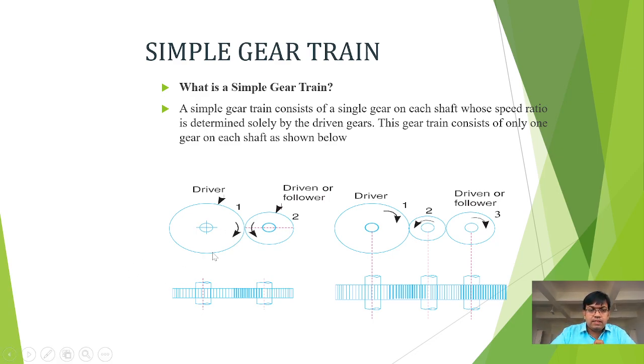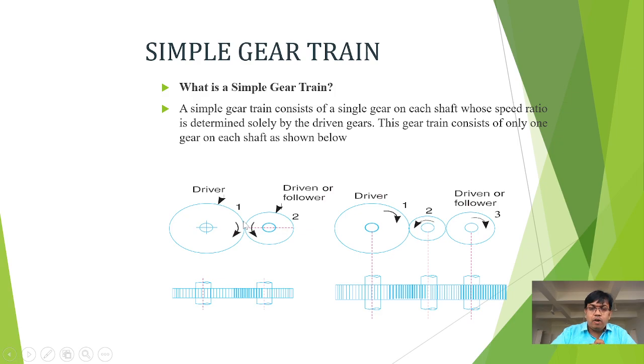Now you see in the first diagram, two gears, gear 1 and gear 2. The first one is a driver gear and the second one is a driven gear. They are meshed with each other directly and externally. The driver gear is rotating in clockwise direction and the driven gear will automatically rotate in anti-clockwise direction because 1 and 2 are directly meshed with each other.